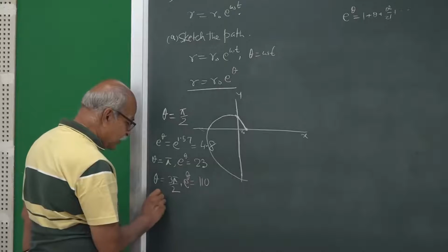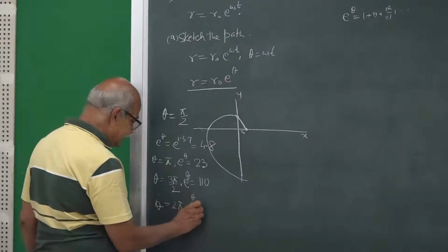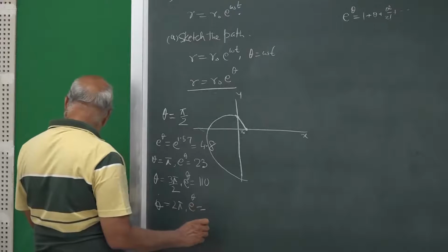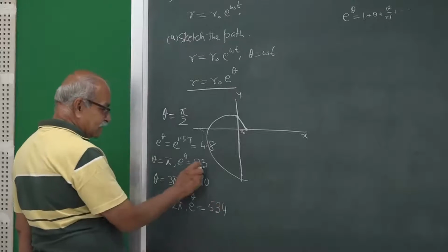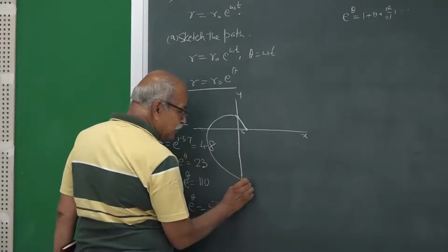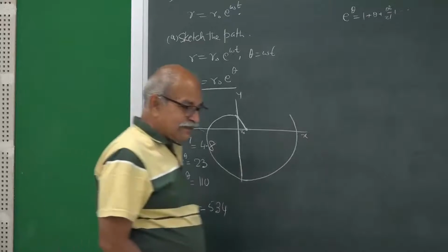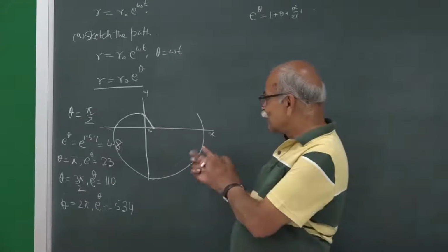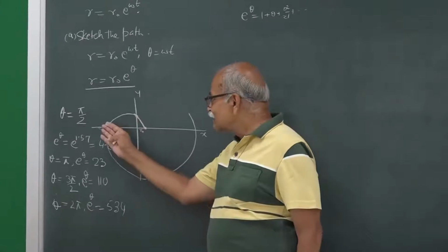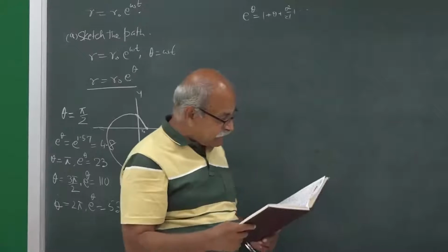When theta is 2 pi, e to the power theta will be very high, it is 534. So, it will go like this and so on. So, this kind of spiral will be there. You can draw a much better one and look at the angles, which we will be doing in the other sections anyway. So, this is part A.